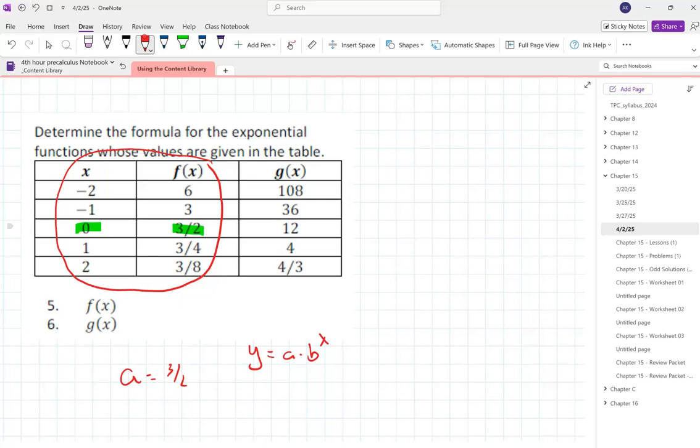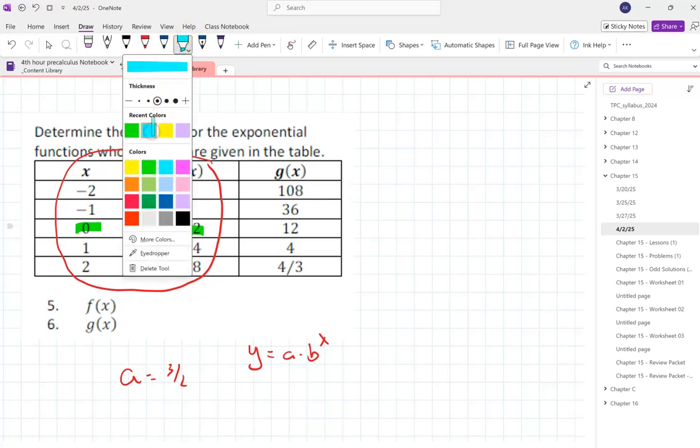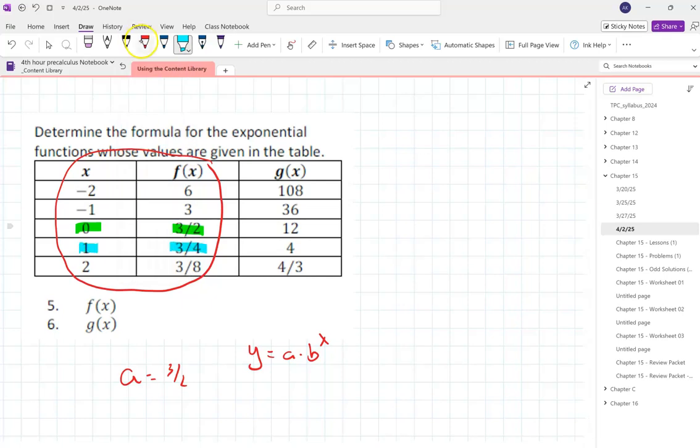Because I have one of them where the x is 0, I know that the y there is going to be my a. So to find my b, I'm just going to choose one of the other points. I'm going to choose that one and plug in along with what I found for a. And I'm just going to solve for b.